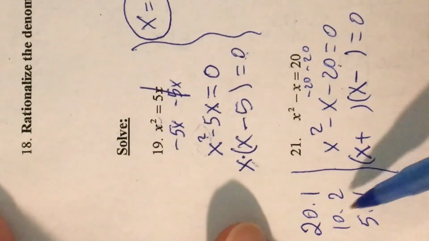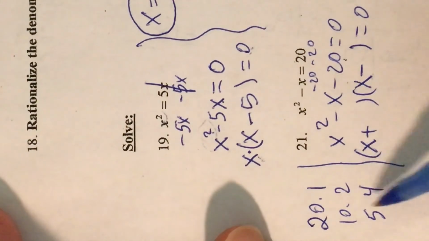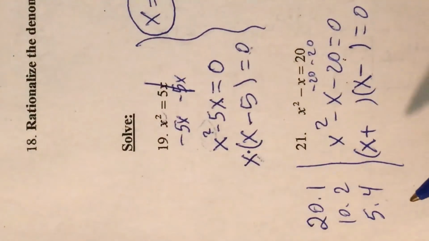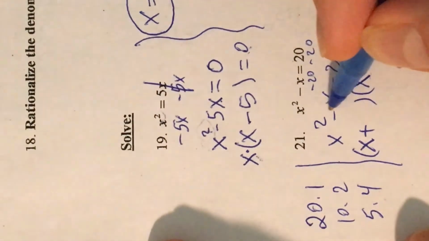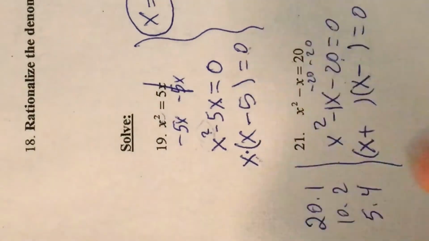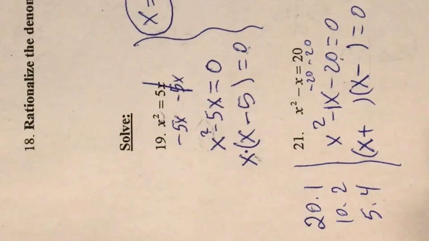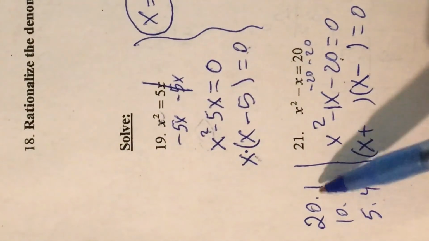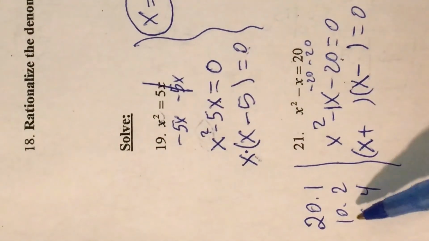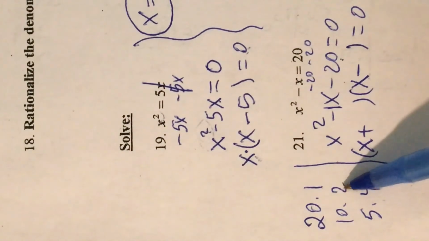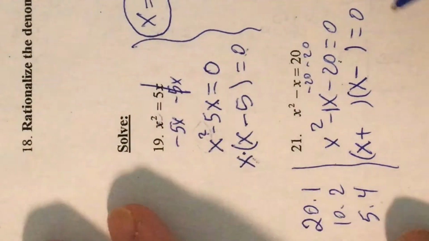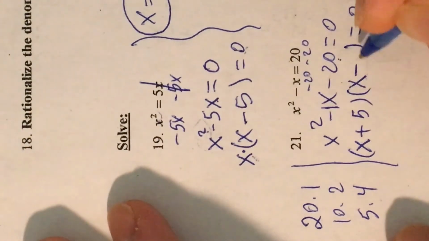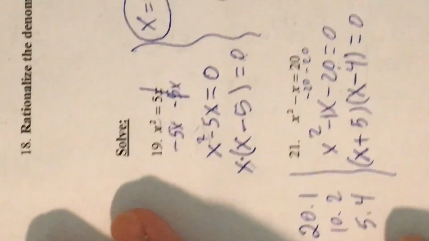Now, look at these pairs and see which one of these pairs, when added or subtracted, can give you a 1 in the middle, because we have a 1 in the middle. Now we can take care of the sign later. 20 minus 1 or 20 plus 1 is not going to give you 1. 10 minus 2 is 8. 10 plus 2 is 12. 5 minus 4 is a 1. There you go. So I can put a 5 here and a 4 there.